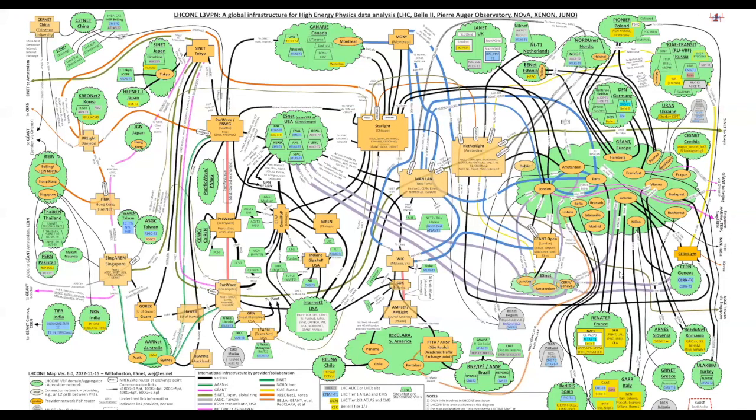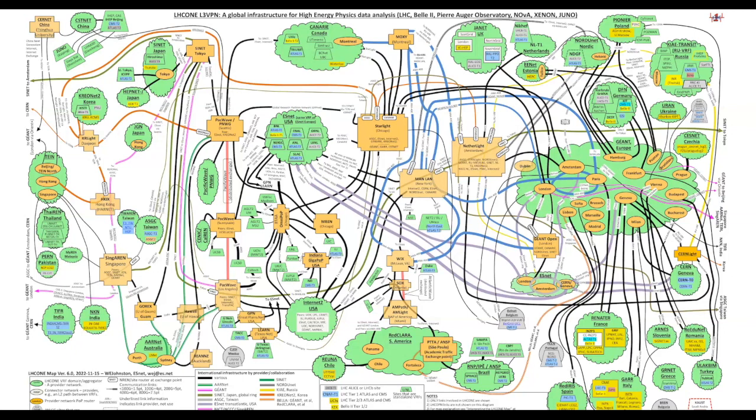The LHC itself is on the bottom right. Here is the Europe cluster. Here, middle top, is North America, and the bottom is South America, and on the left is the Asia region.